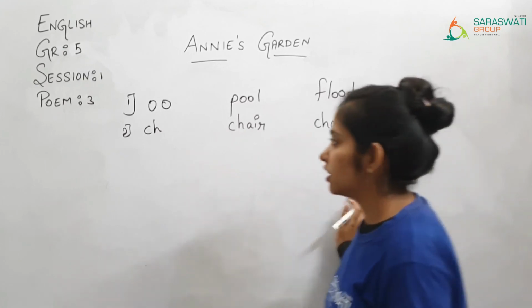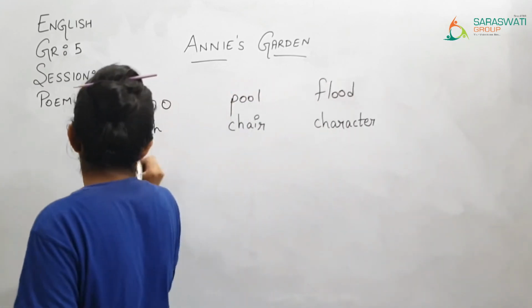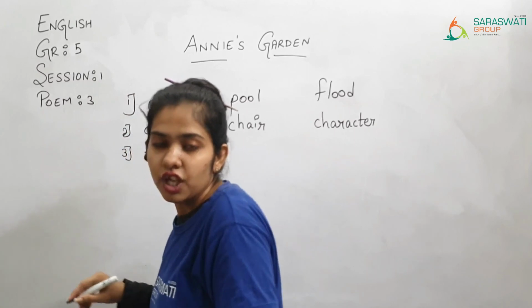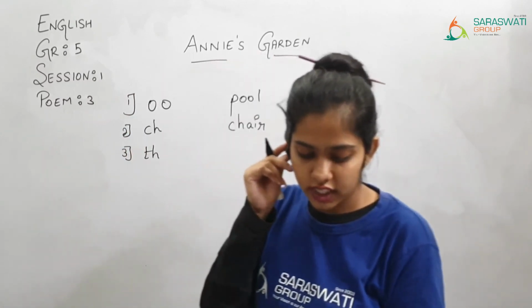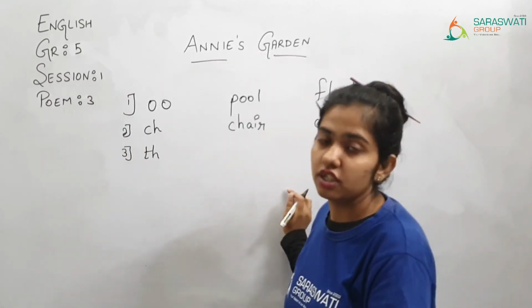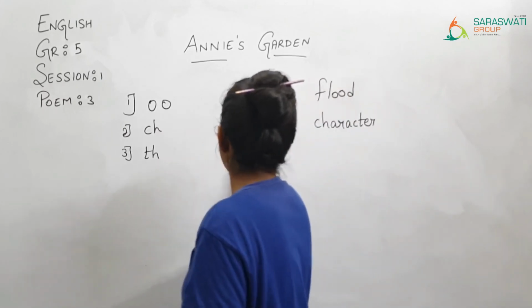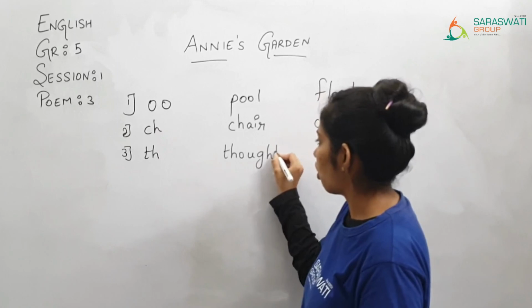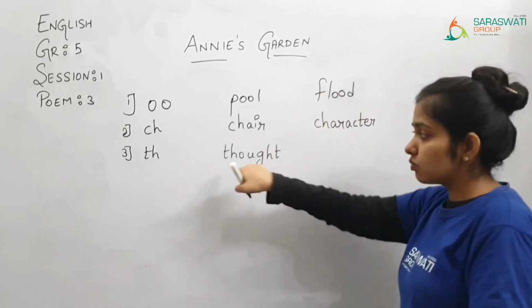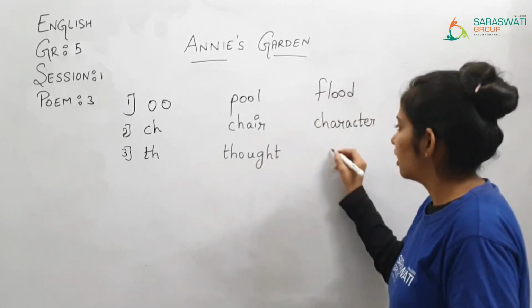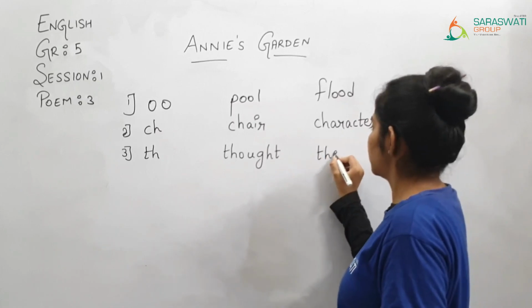Then afterward TH. Now for TH, which word you are going to write? For TH, thought. Thought, and this one was th sound. Now we are going to write the other sound, that is there.